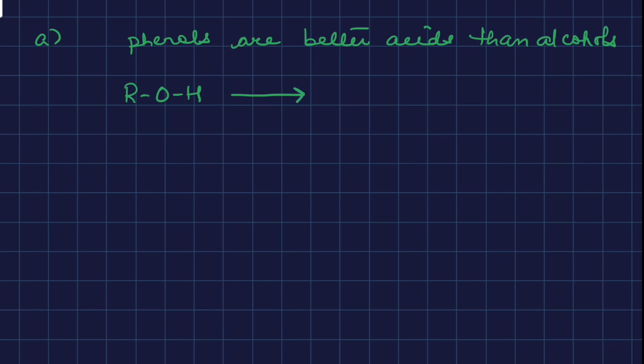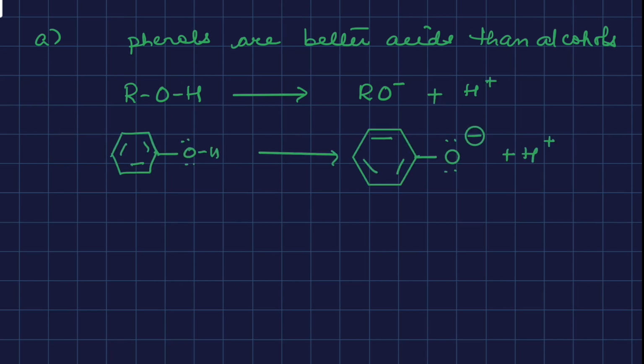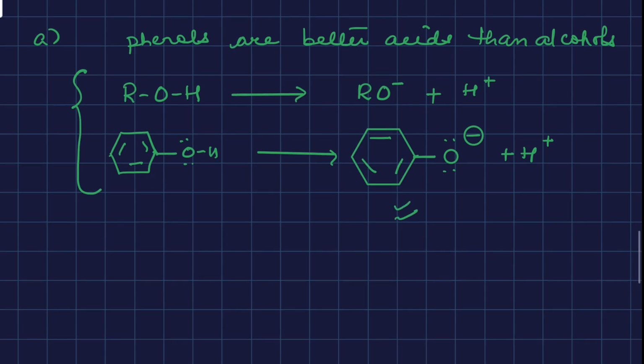For a very simple reason: when ROH breaks, it gives us alkoxide and H+. So this is very clearly explaining why phenols are better acids, because phenoxide is better resonance stabilized. You take phenol, treat it with any strong metal, hydrogen is bound to come out.